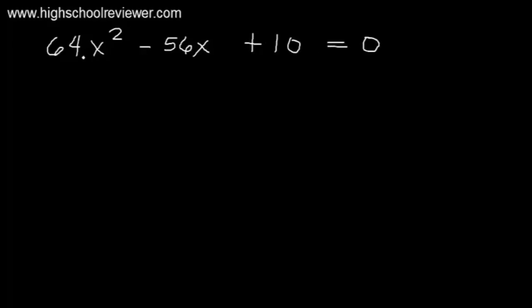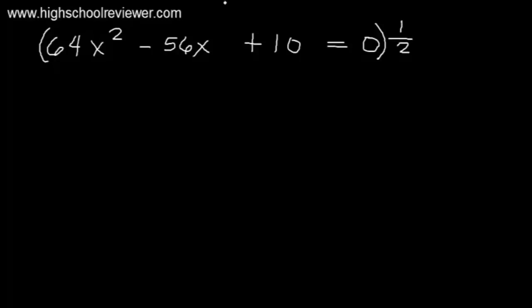Our next problem, we have positive 64x squared minus 56x plus 10 equals 0. Looking at the equation, we can still simplify this since 2 is common among the three terms. So we are going to divide both sides of the equation by 2.